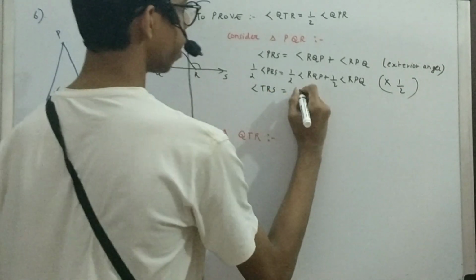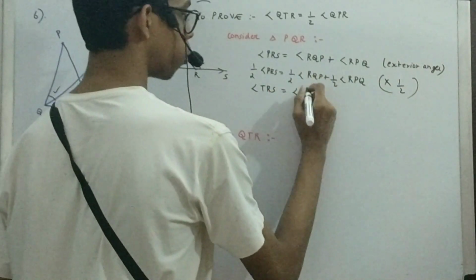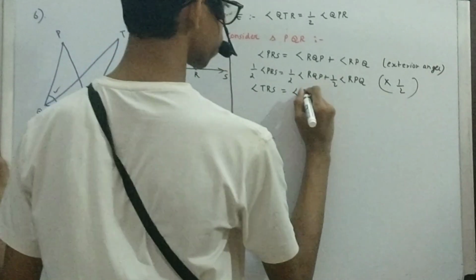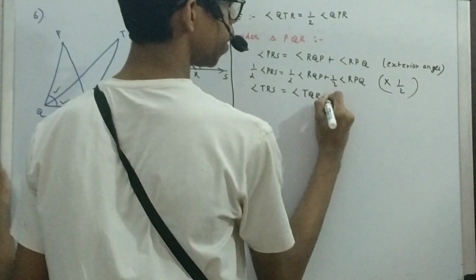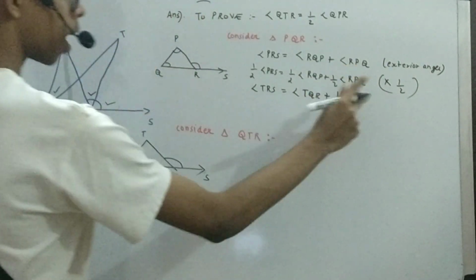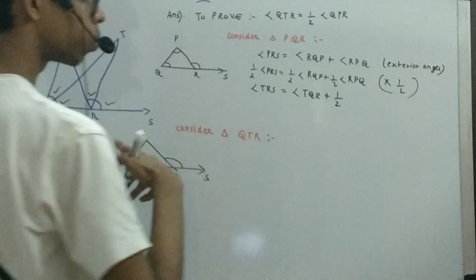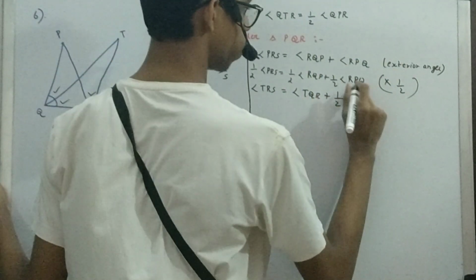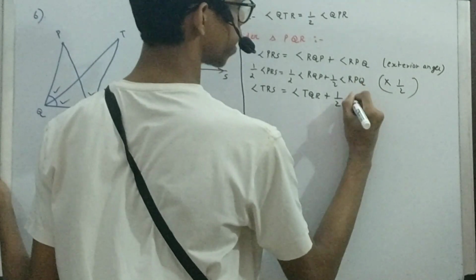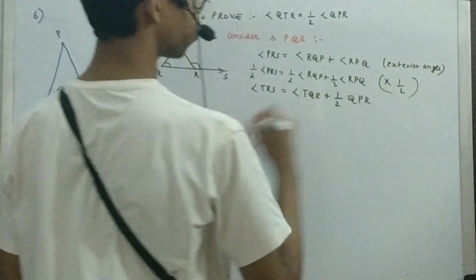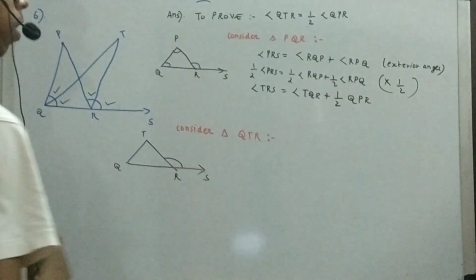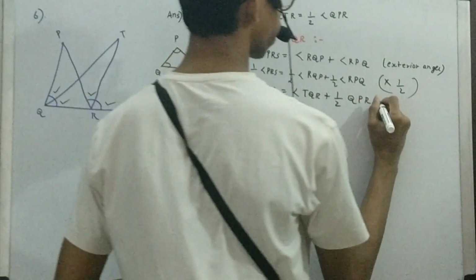Here I am writing, instead of half of RQP, I am considering this angle PQR because it is half, plus half of this RPQ, I am leaving as it is. In our question it is PQR, right? So instead of RPQ, let us rearrange and write it as QPR. You don't need to make any change, leave it as it is. You can consider this as equation number 1.